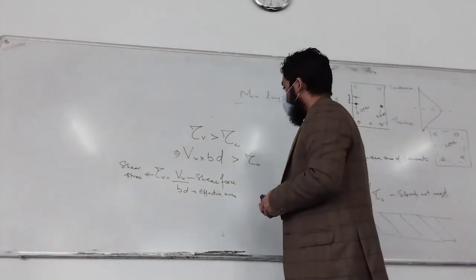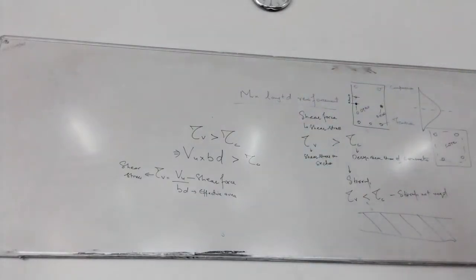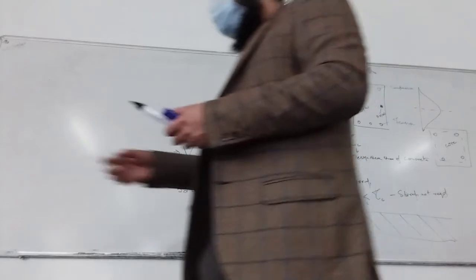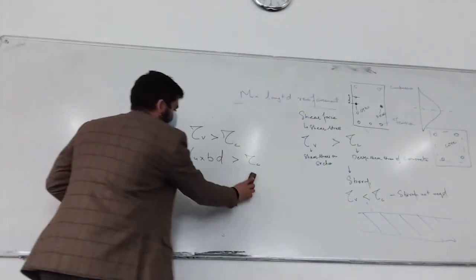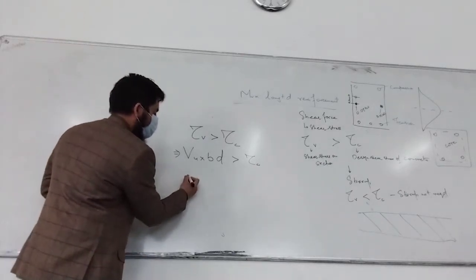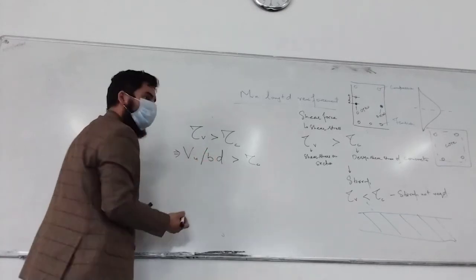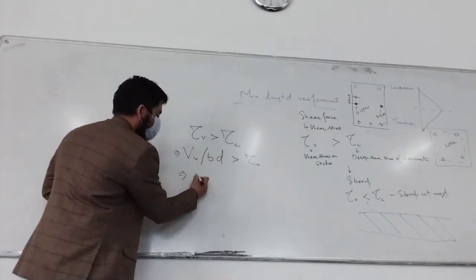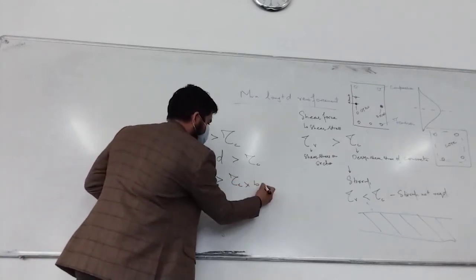So what he's doing is the opposite thing. This is not V, this is Vu by V. So this is Vu greater than tau c into bd.